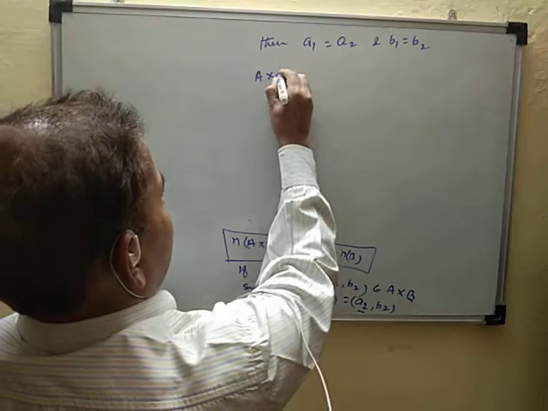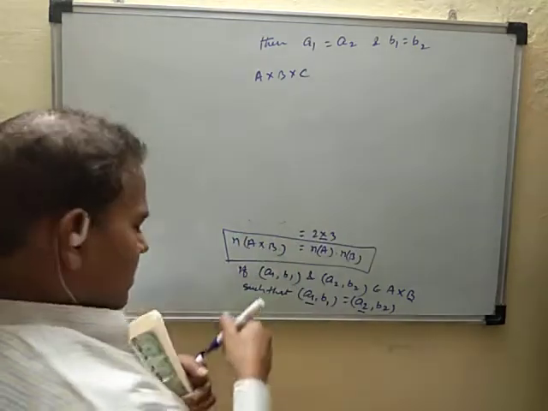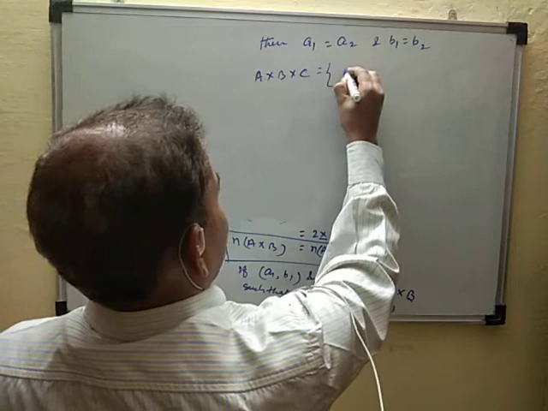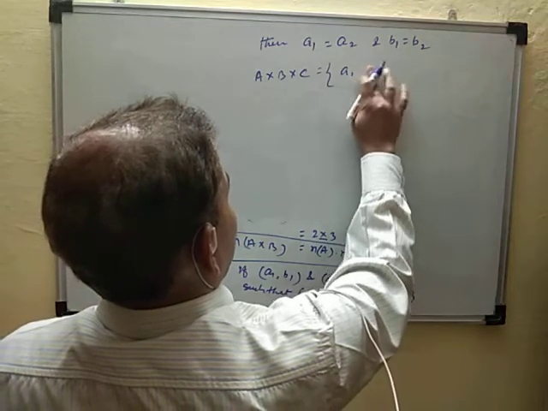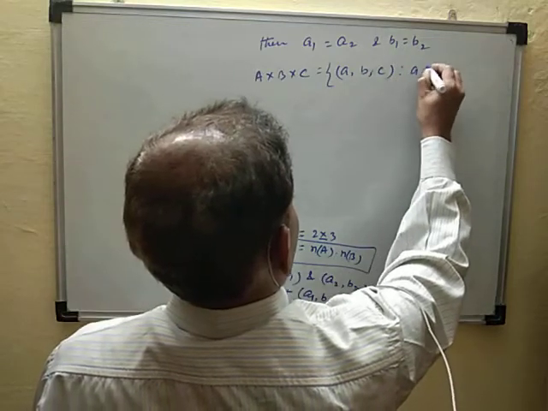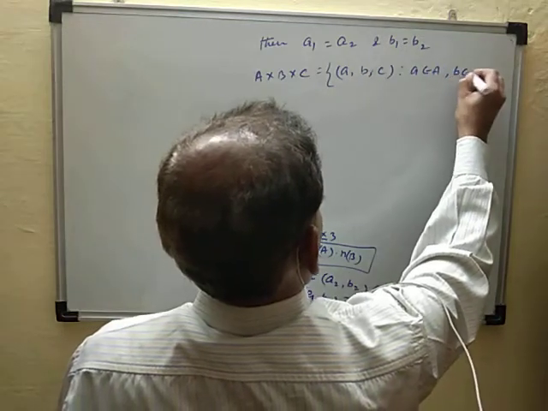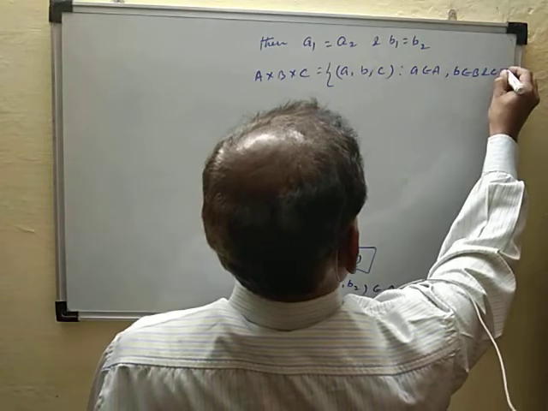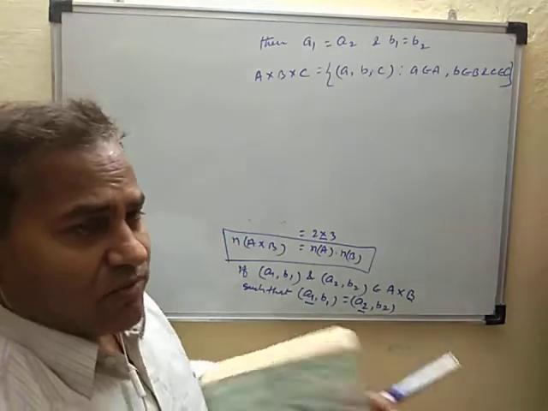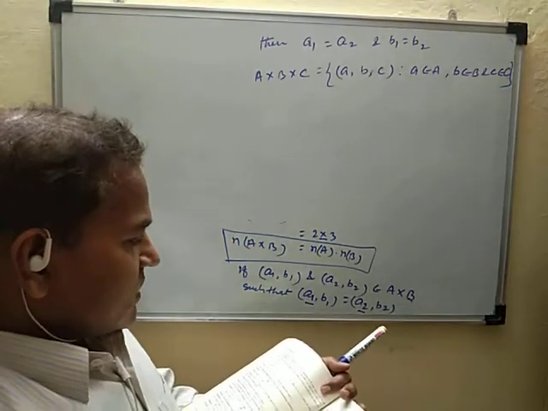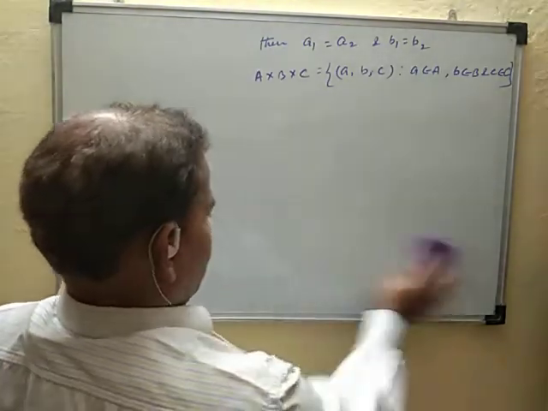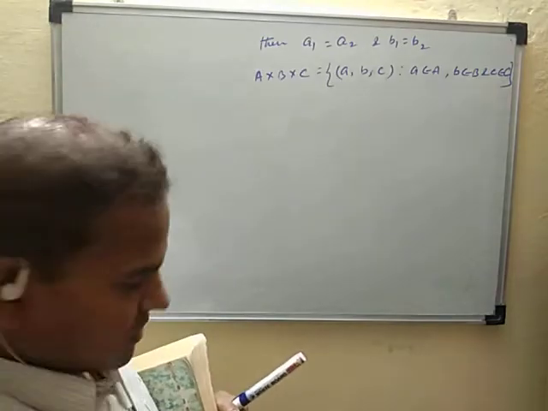This is read as A cross B cross C, the Cartesian product of three sets. This is defined as the elements in triplet form (a, b, c), such that a belongs to set A, b belongs to set B and c belongs to set C. This is a triplet form. So now exercise, now example number 1.